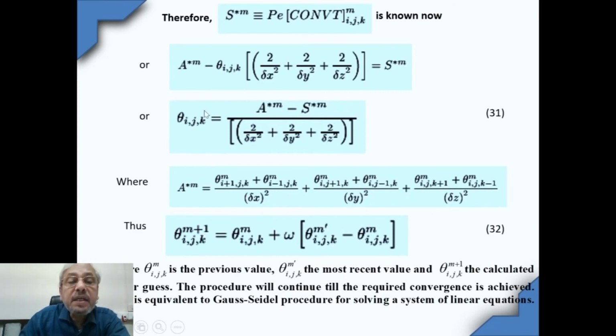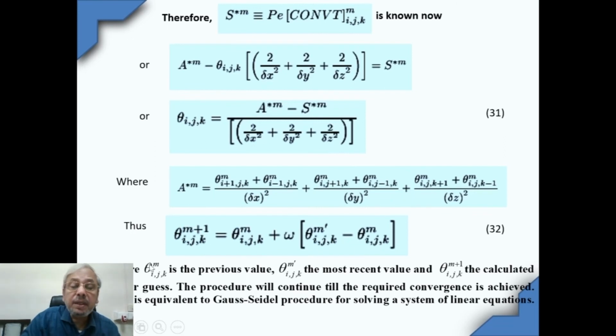So we are accelerating this calculation by introducing an over relaxation factor, which may be 1.3, 1.4, 1.5. We have to do a little bit of numerical a priori study to find out a proper omega for a good level of acceleration.